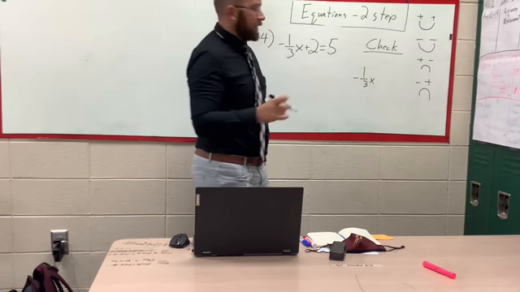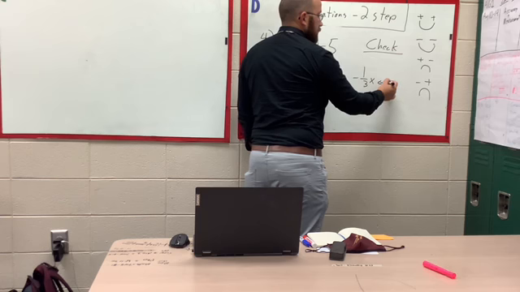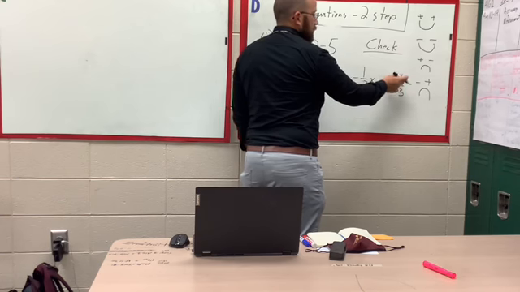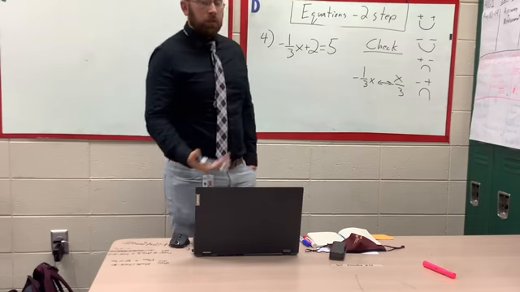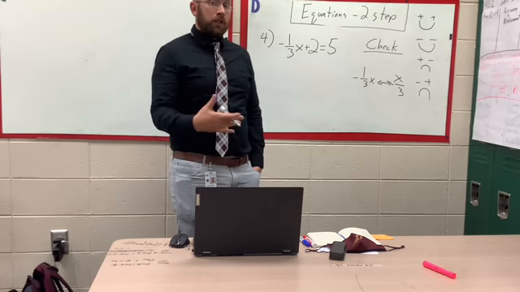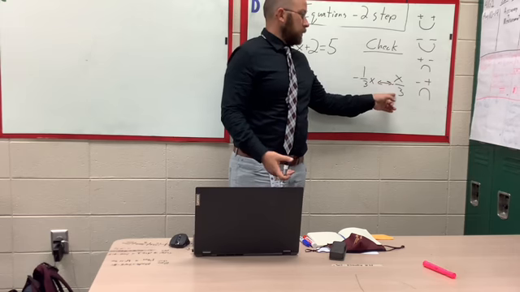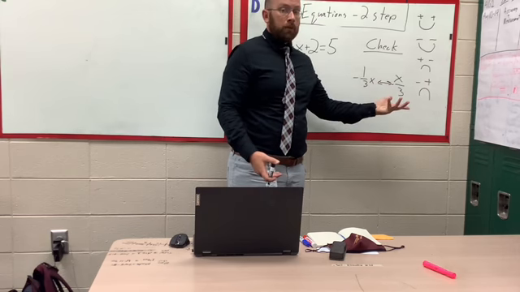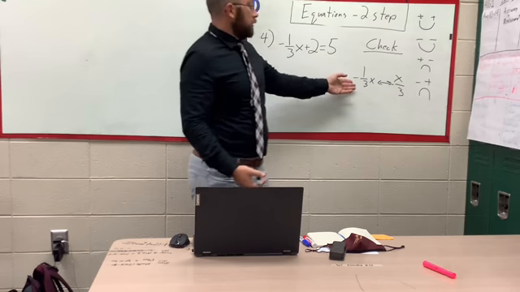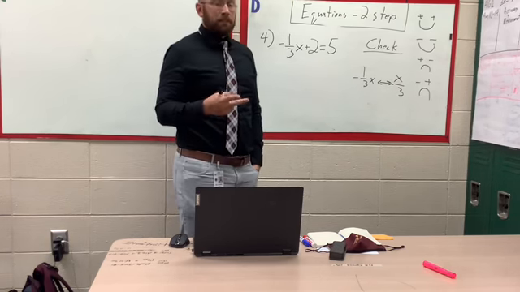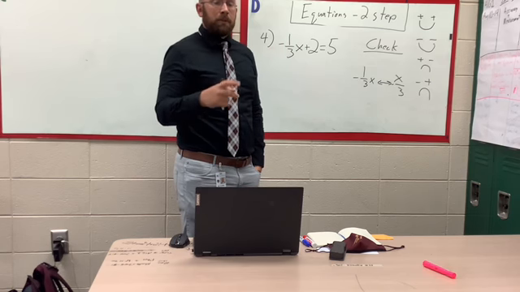That is the same exact thing as saying negative x over 3. So as we just saw with the last problem, when you have negative x over 3, you just multiply by what's on the bottom, correct? That was the opposite of division. Here you are going to do the same thing, but you are going to take what is called the reciprocal of the number. The reciprocal means you just flip it over.